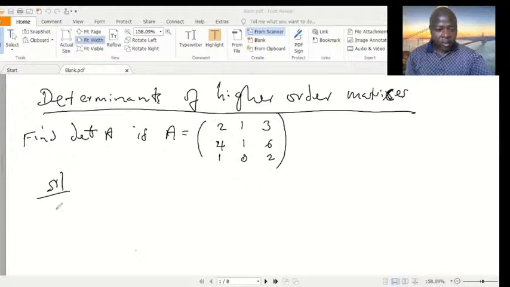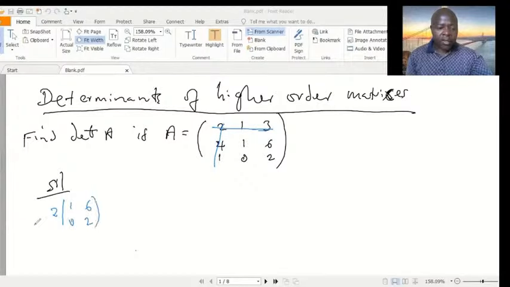I write that 2. And then, if I was to delete the row of 2 and the column of 2, what matrix remains? The matrix that remains is 1, 6, 0, 2.